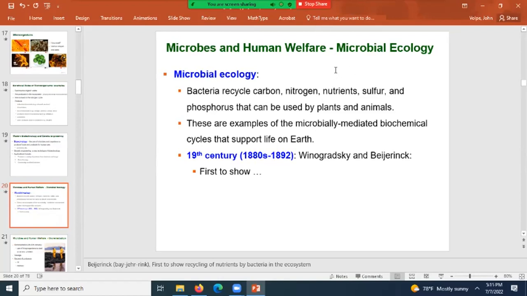Meaning they make the nutrients recycle in the ecosystem. Microbes are important in the sulfur recycling in the ecosystem, as well as phosphorus recycling in the ecosystem. And then these nutrients, carbon, nitrogen, sulfur, phosphorus, and other nutrients can then be used by other plants and animals.